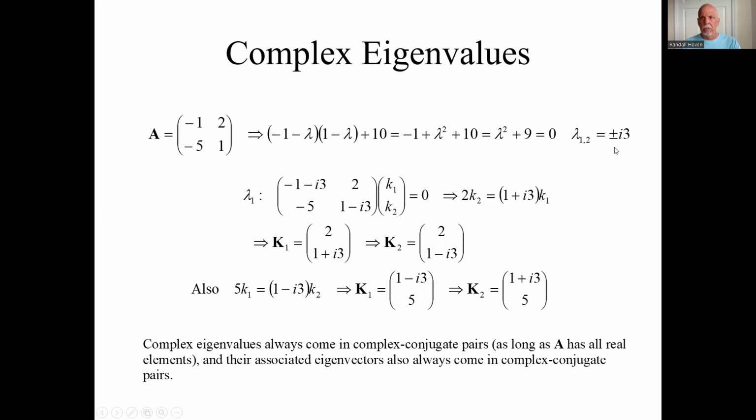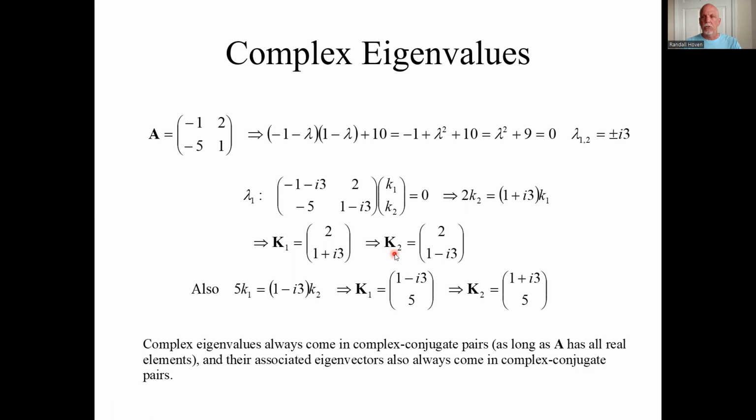We have -1 minus, and I'll pick the plus, so -1 minus 3i. 1 minus 3i. The off-diagonal terms stay the same. And by the little time-saving trick I had before, I have 2 over minus this, 2 over 1 plus 3i.